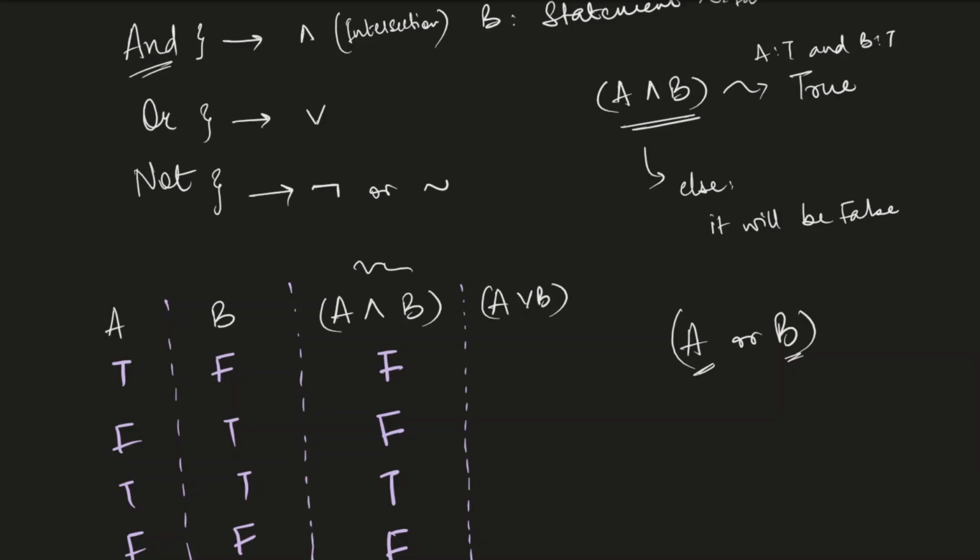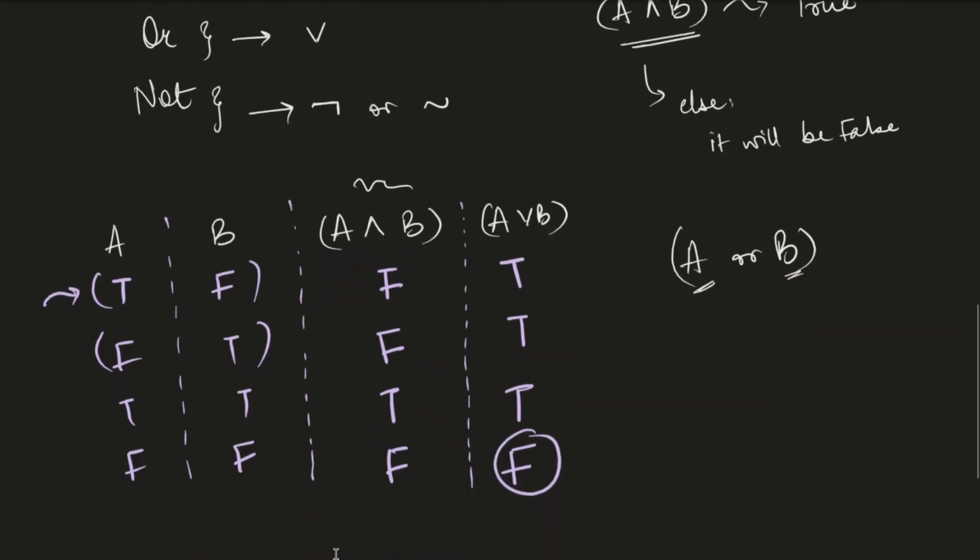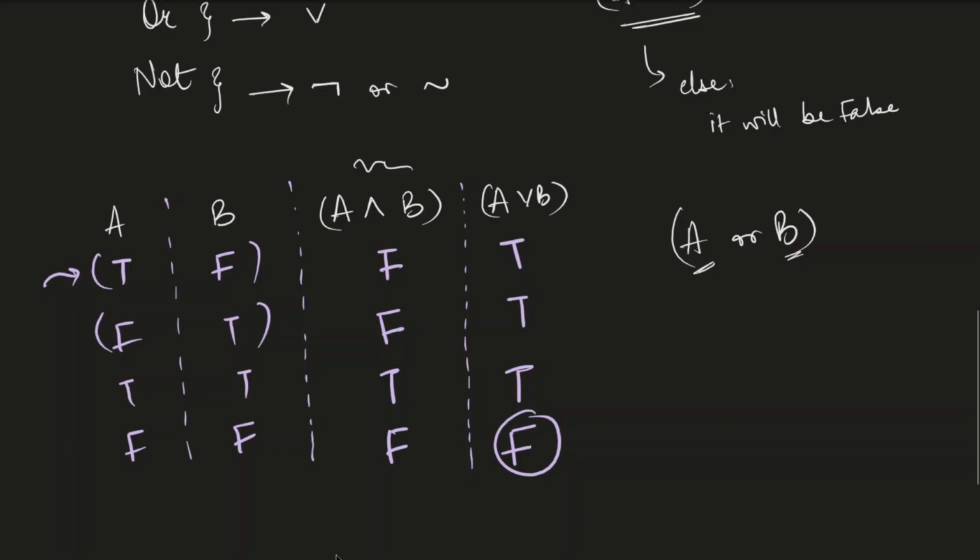If I take the first condition, A or B, true or false, has one truth, so it's going to be true. False or true is going to be true, true or true has one truth, so true, and false or false is always just false, right? That is what we have for your OR statement, which is similar to the union, for example.